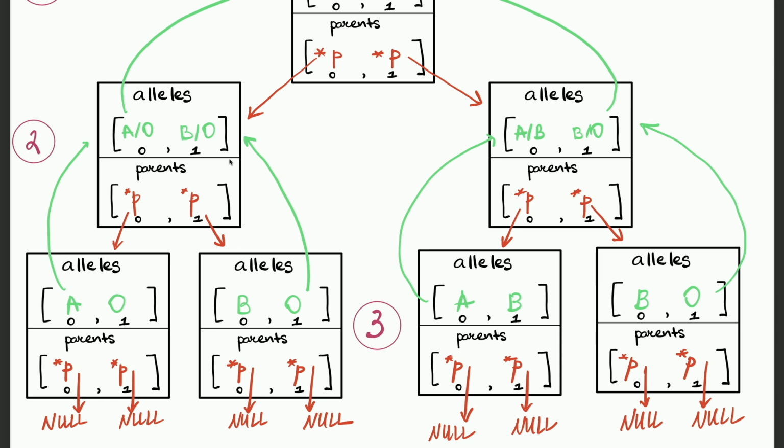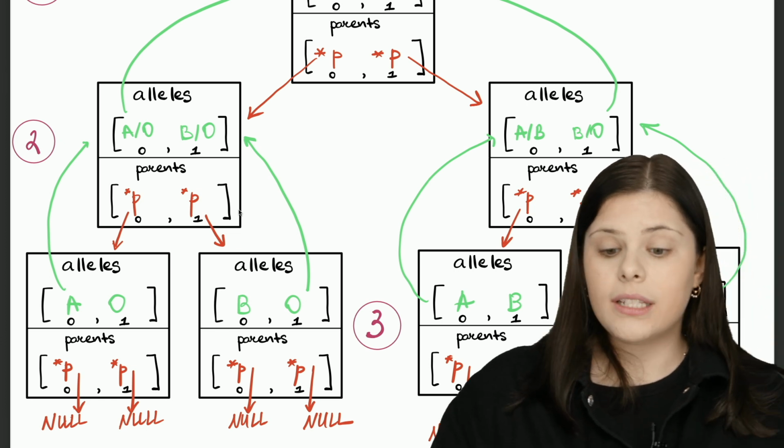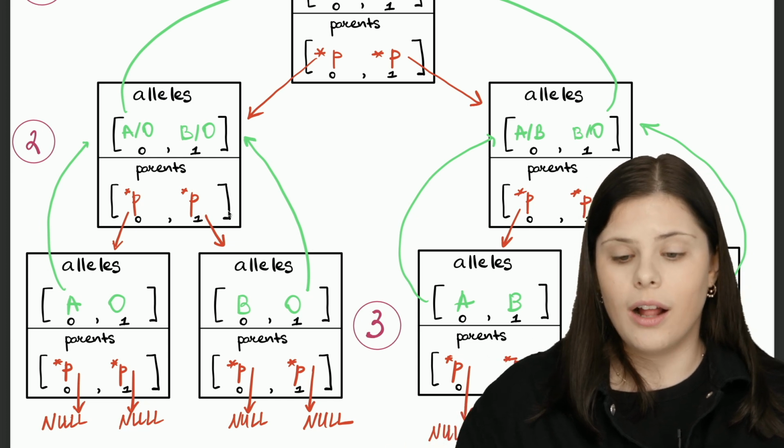So at this point, I've created pointers and filled those pointers up with information. So this part is done. I have 2 pointers that are referencing my parents, and they already have their alleles. We've set them equal to null.